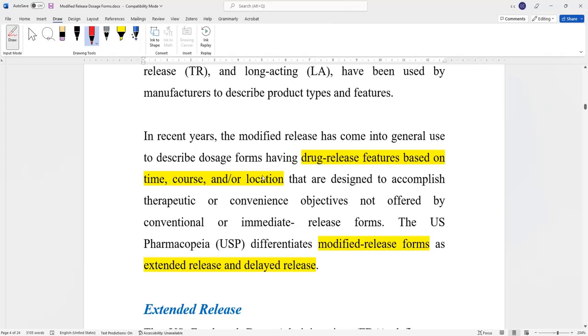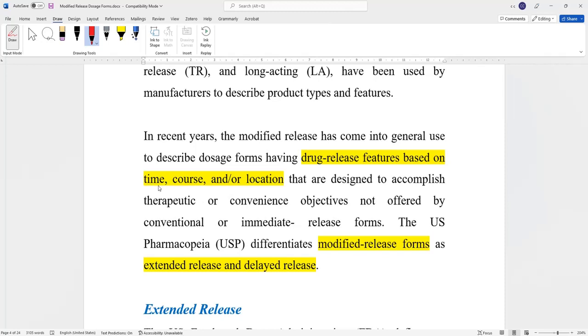For us, we need to know that usually the drug release features are based on what? It's either based on time, like after 1 hour, 2 hours, or 3 hours the drug will start releasing, or based on its movement, its course.